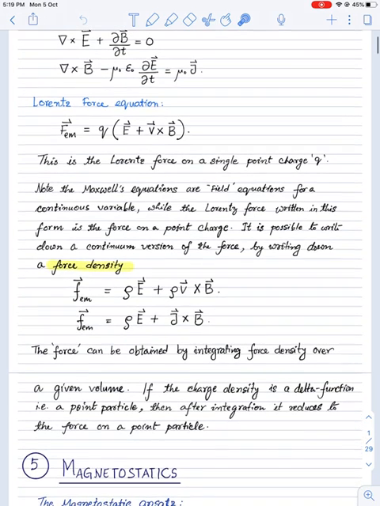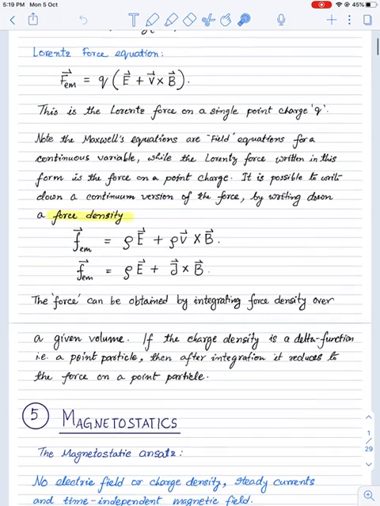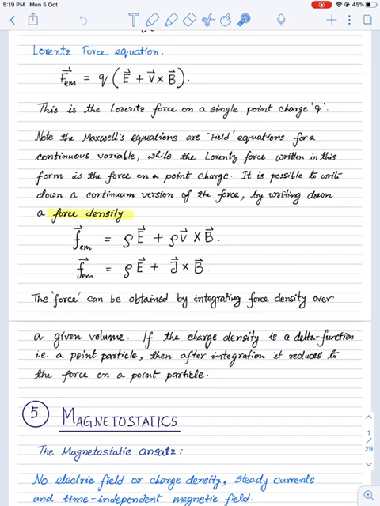So using that, we can now write down a corresponding local force experienced by some charge distribution or current distribution, as follows. We can convert this force into a force density, which is like a force field which exists in a region, and this density is nothing but the charge density times the electric field.